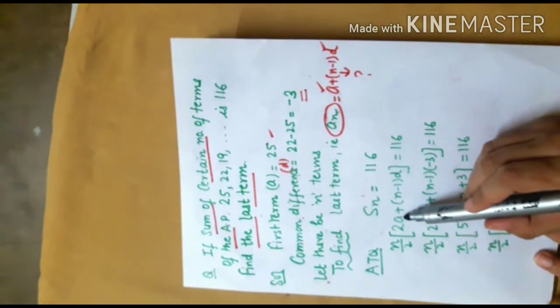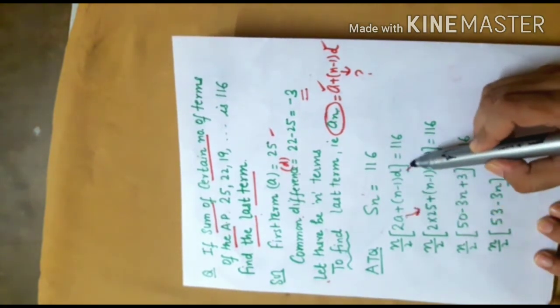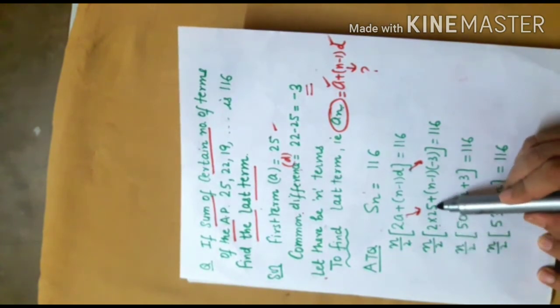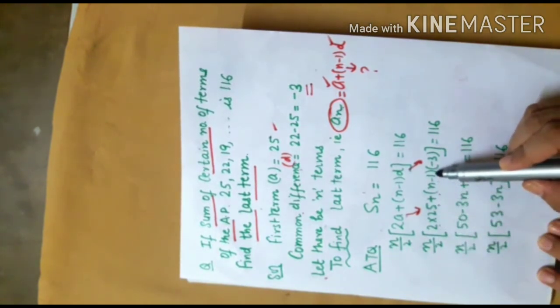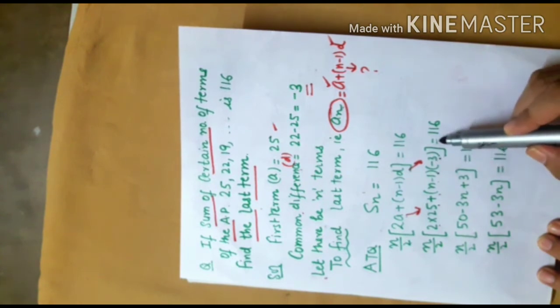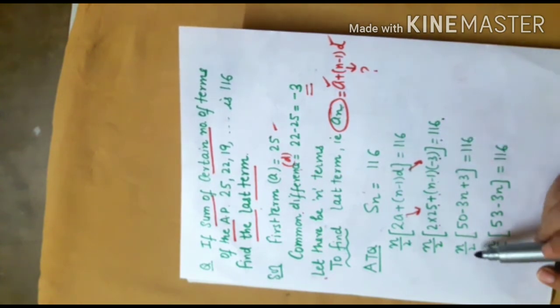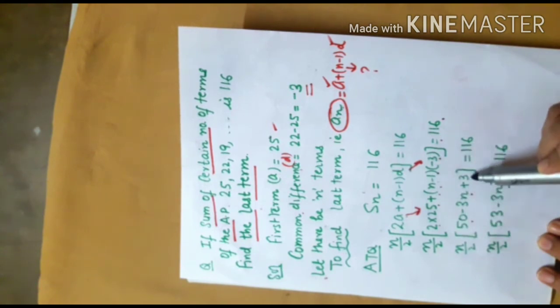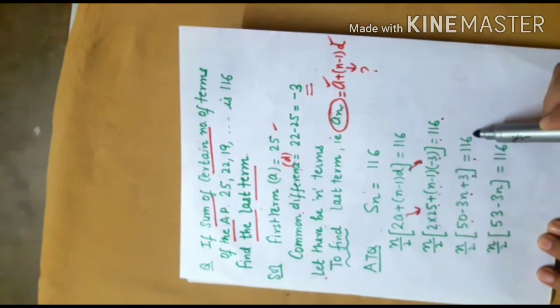Substitute the values of a and d. So I'll get n by 2 into 2 into 25 plus n minus 1 into minus 3, which is equal to 116. That will give you n by 2 into 50 minus 3n plus 3 equals 116.